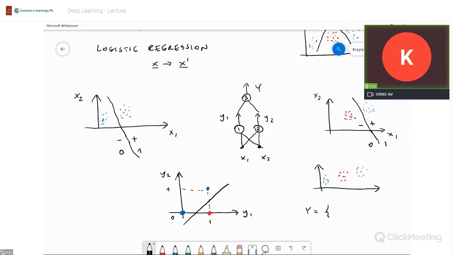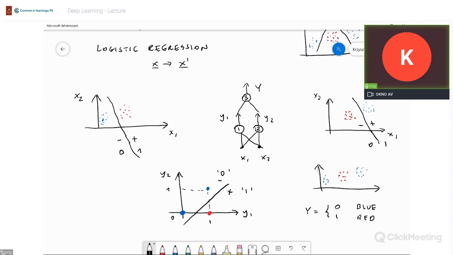For example, let's assume that this is a positive side and this is a negative side, so it will respond with 1 here and with 0 here. If the sample is blue, the third neuron will say 0, otherwise it will say 1.